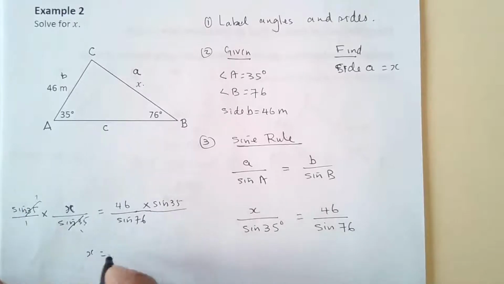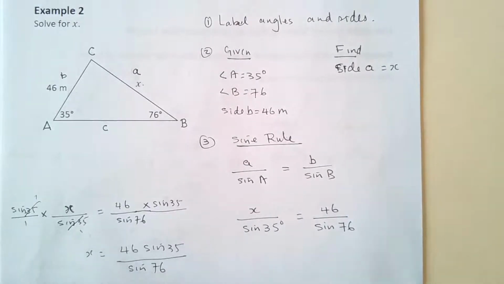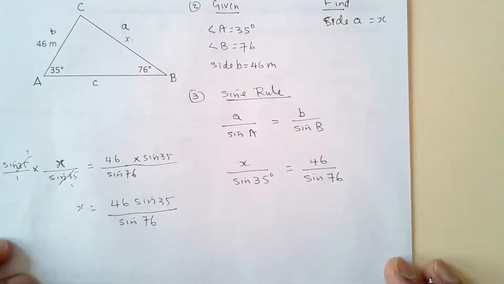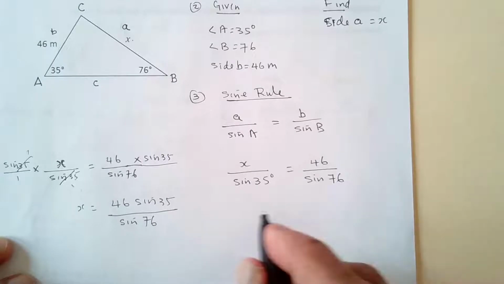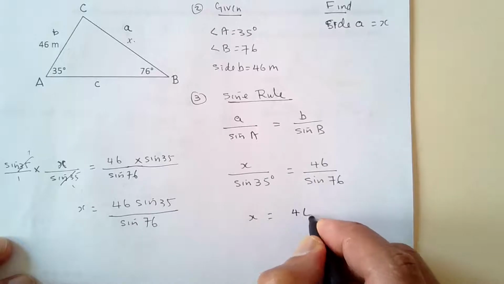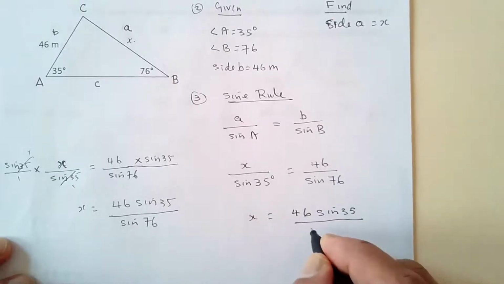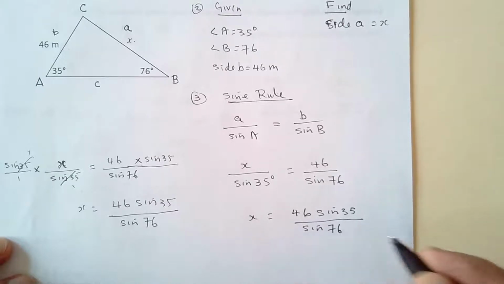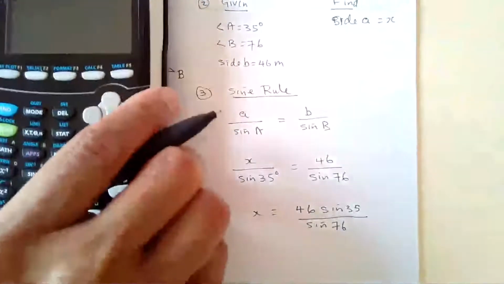So I'm left with x is equal to 46 sine 35 over sine 76. You can also do the cross multiplication and the result will be the same. Then I'll go to my trusted calculator.